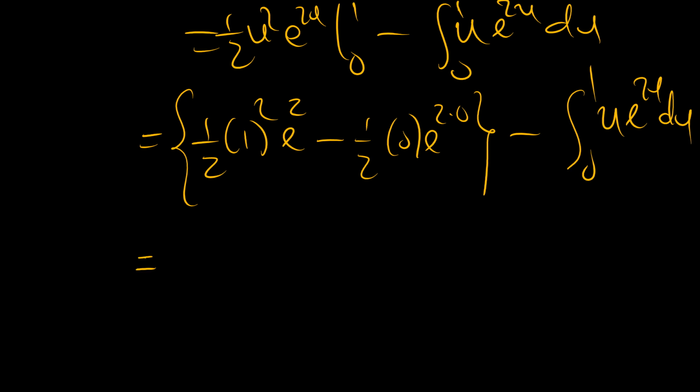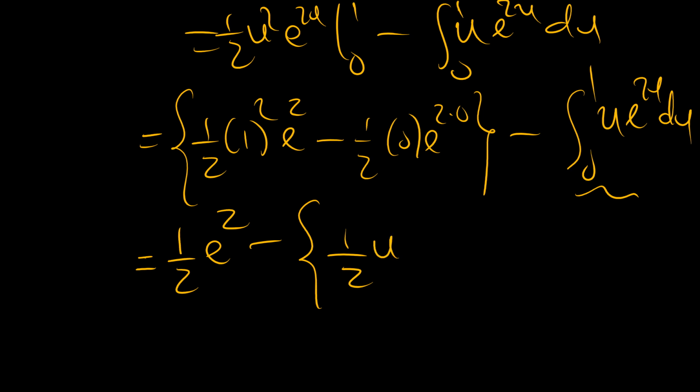This becomes a half e squared minus, again we do integration by parts here, we have a half e to the power 2u.